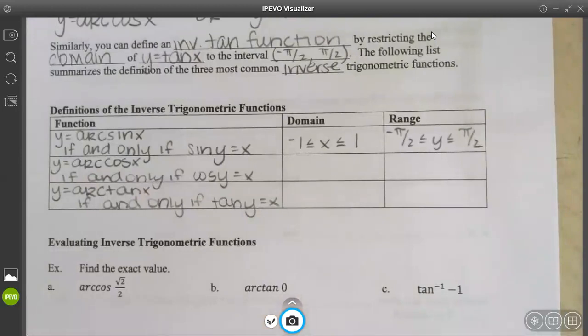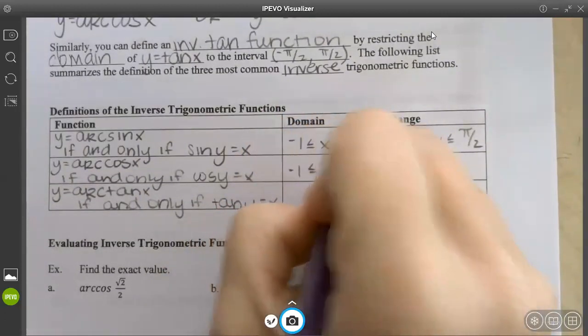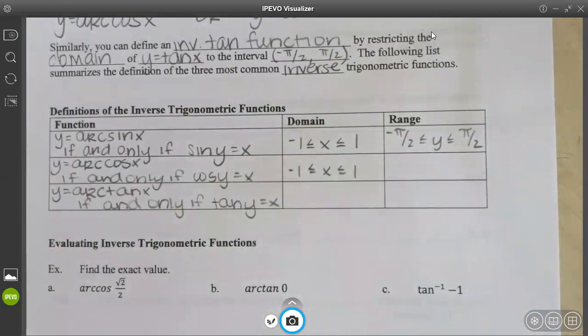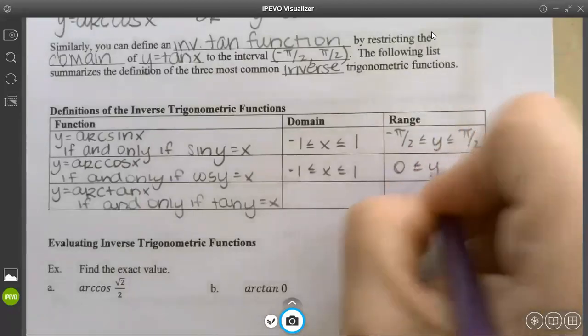Remember that not only did sine fluctuate between negative 1 and 1, but cosine did as well. But what's the difference in the range on cosine? 0 to pi.